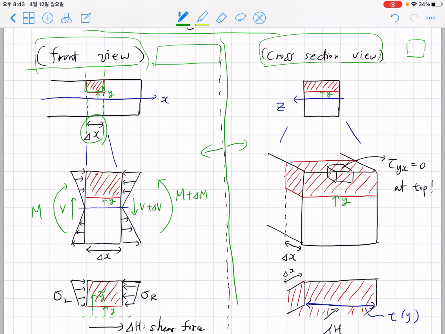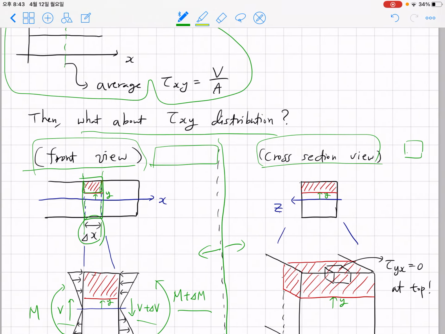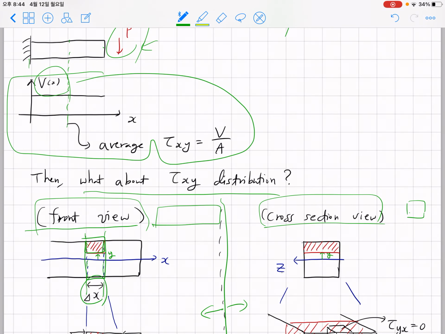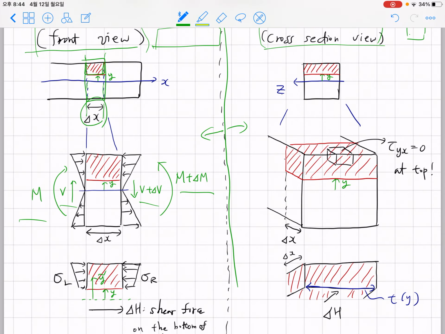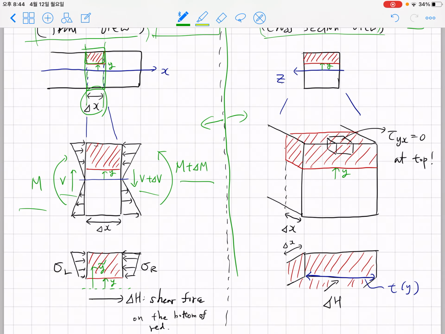So first, out of this slice with length delta x, this is the reaction you can expect. On the beam, you have not only a non-zero shear force, you have a non-zero moment. Okay, of course, moment becomes zero at this free end. So in this slice, you have left side and right side force and moment.